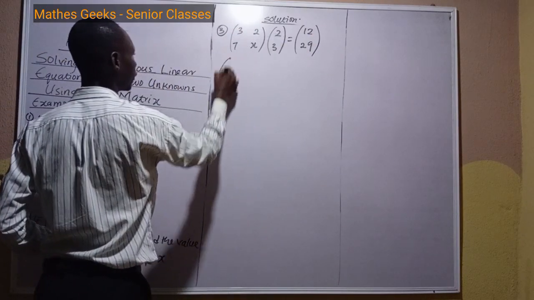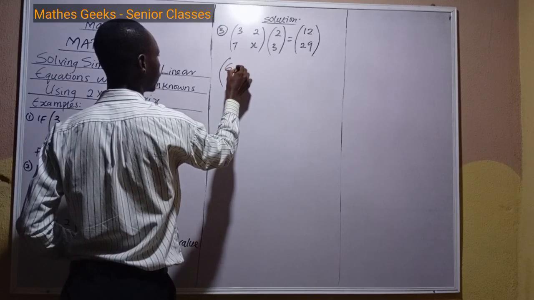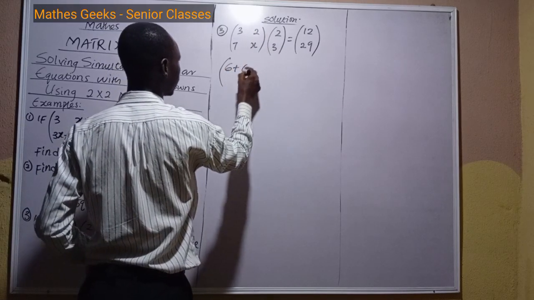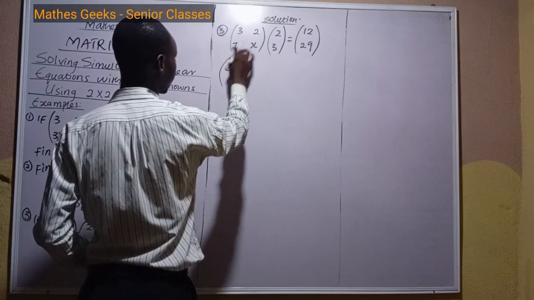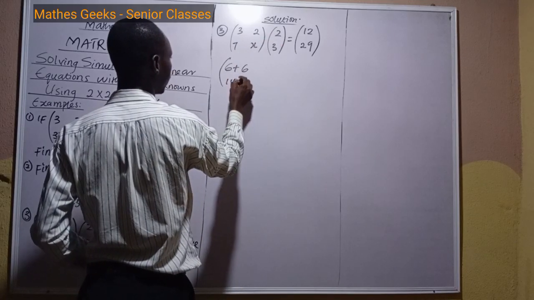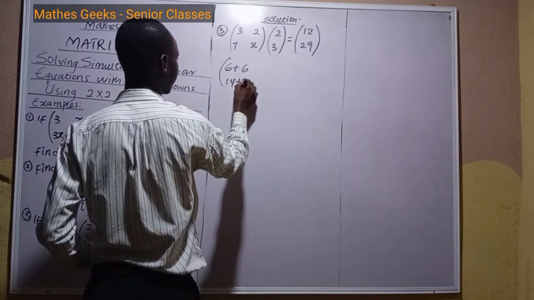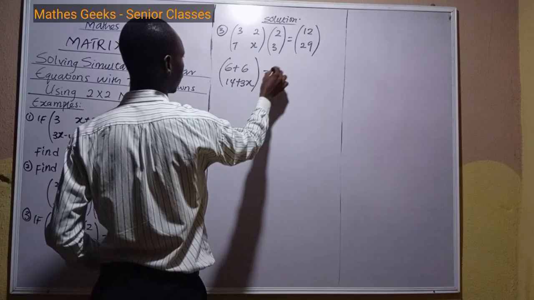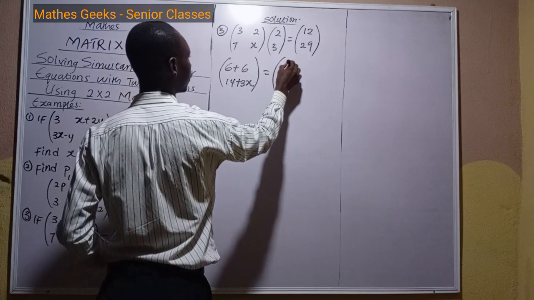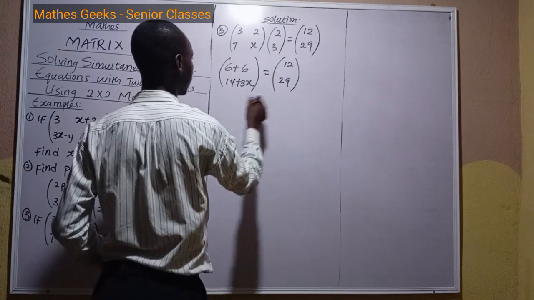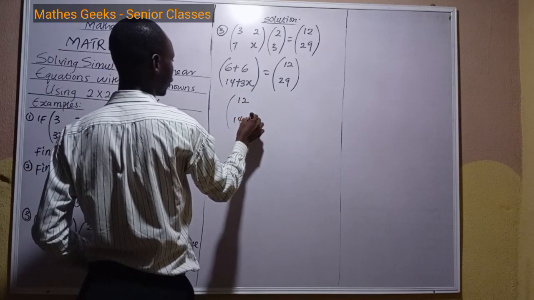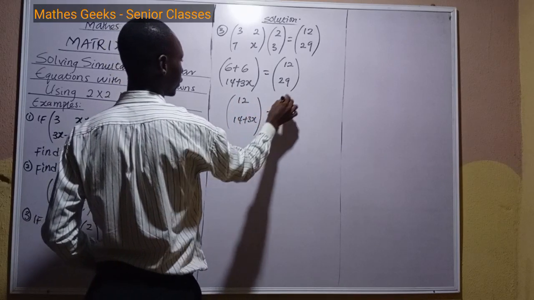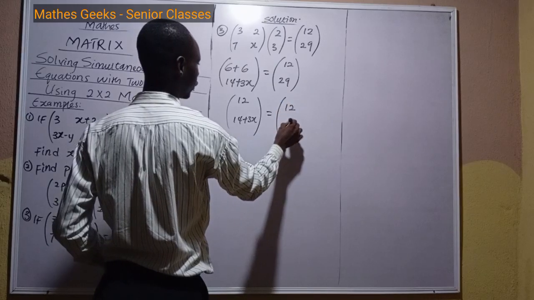So multiply 3 times 2, 6, plus 2 times 3, 6, giving 12. 7 times 2, 14, plus x times 3, 3x. This is equal to 12, 29. So 12, and 14 plus 3x equals 29.